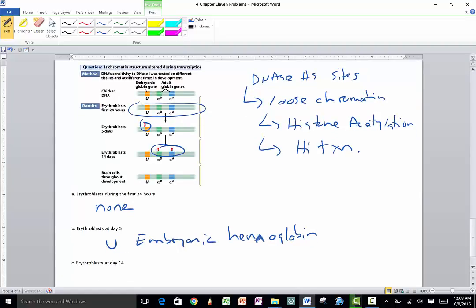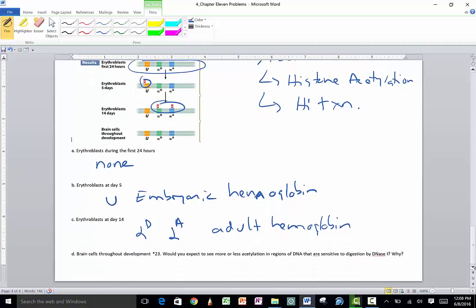At 14 days, the alpha D and the alpha A, those are two different kinds of hemoglobin, but they're both adult hemoglobin. When we say they're different, they're very similar, but with slightly different sequence. In the brain cells, none are expressed there.